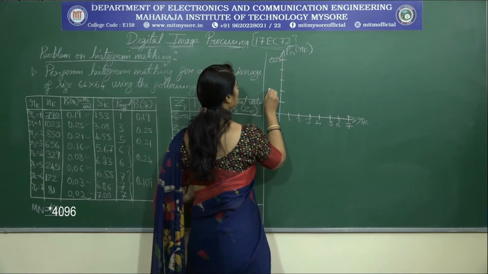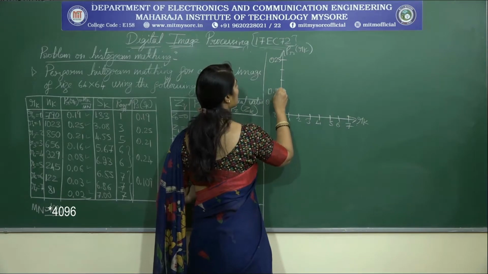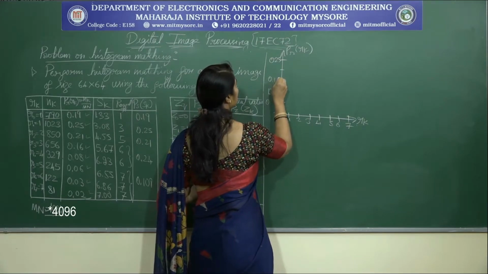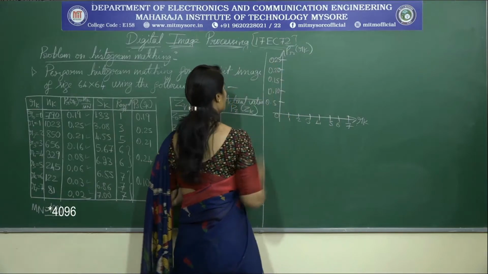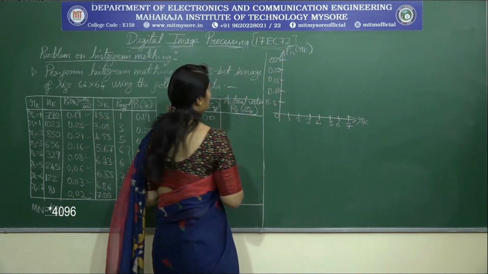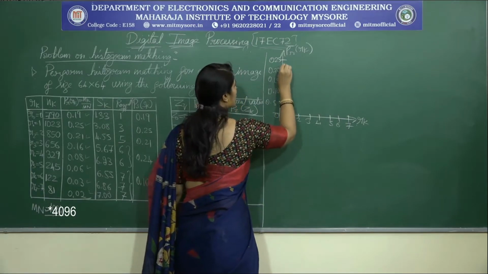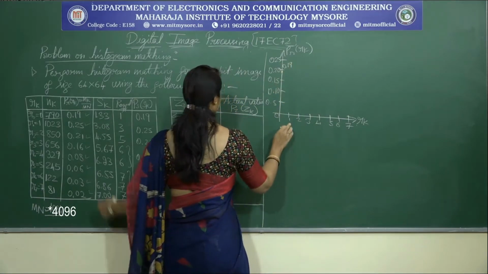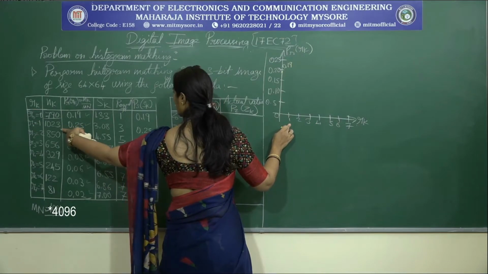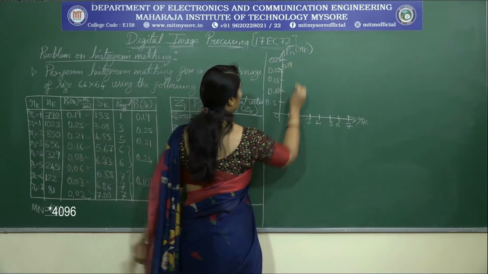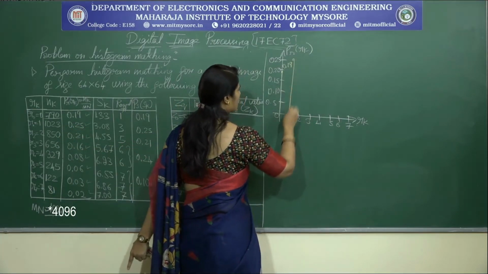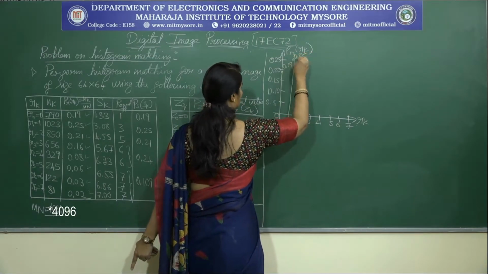At Rk equal to 0 it is approximately 0.19, and for 1 it is 0.25.